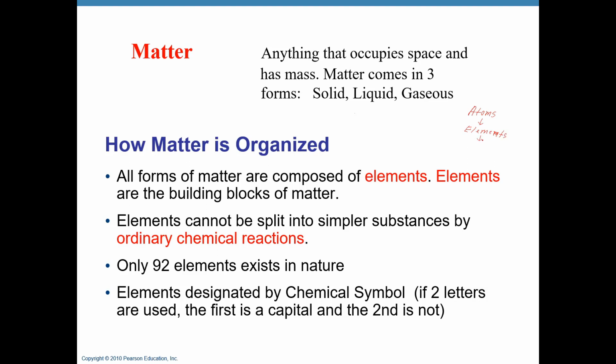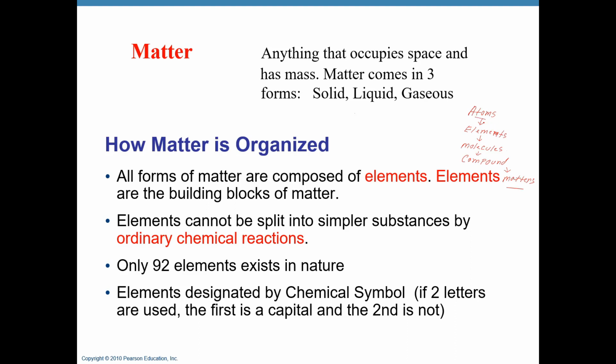Then elements are the building blocks of molecules. And then compound, different molecules joined together to form a compound. And then the matter or smallest chemical components are atoms in the body.